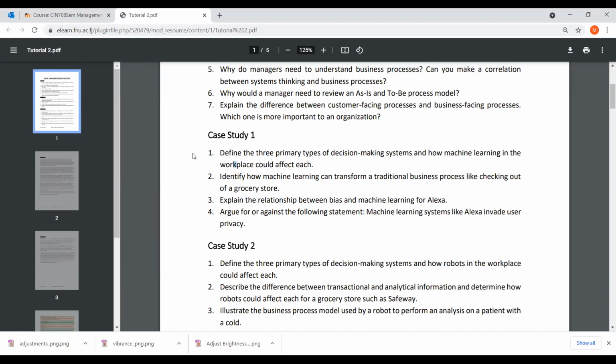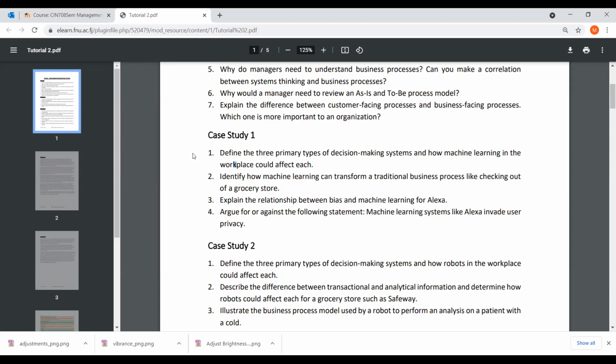Question number 3: explain the relationship between bias and machine learning for Alexa. Now, Alexa is an AI system, a machine learning system, which is developed by Amazon Incorporated. Amazon, the e-commerce website, is also a technology-based company in the US, where they go around creating new technology. Lots of engineers, lots of programmers, lots of new technologies that they go around creating and maintaining.